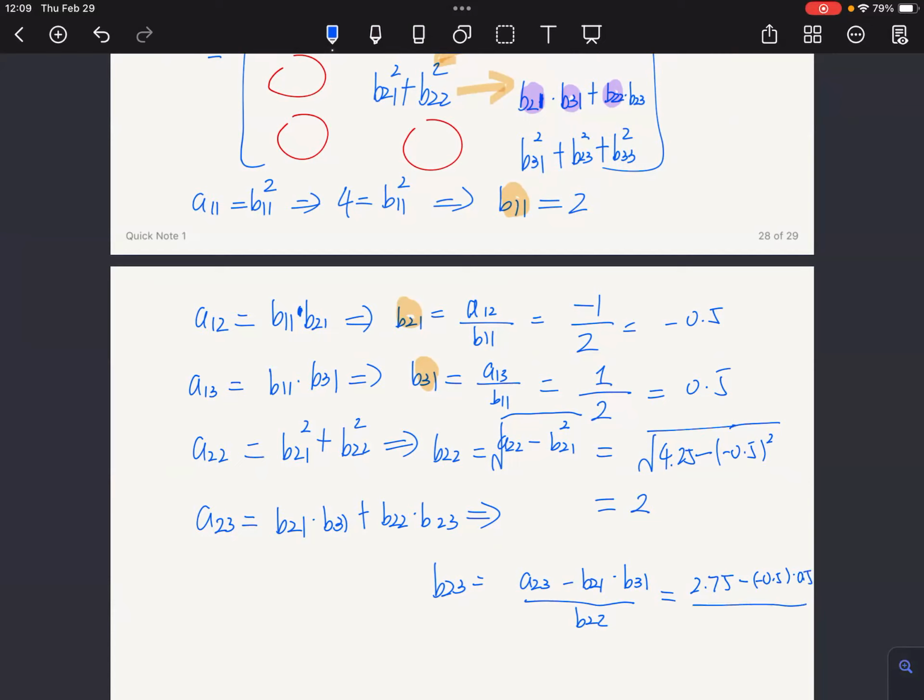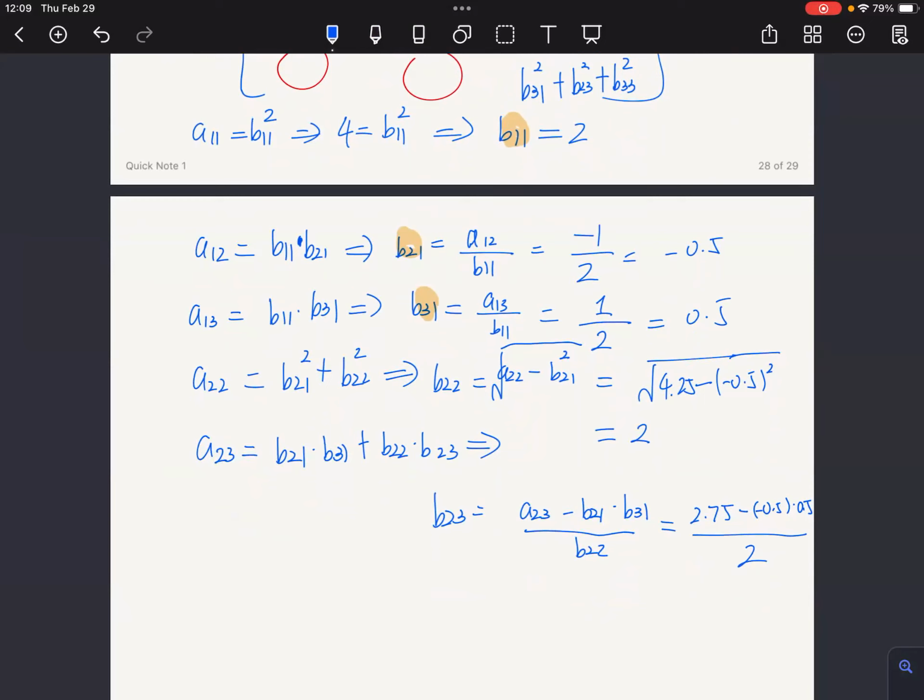And then divided by the 2, and this number is just the 1.5. Am I right here? Yes, it's 1.5. You can double check the calculation here. This is 2.75 plus 2.25, and then divided by 2, and then we have a 1.5 here.